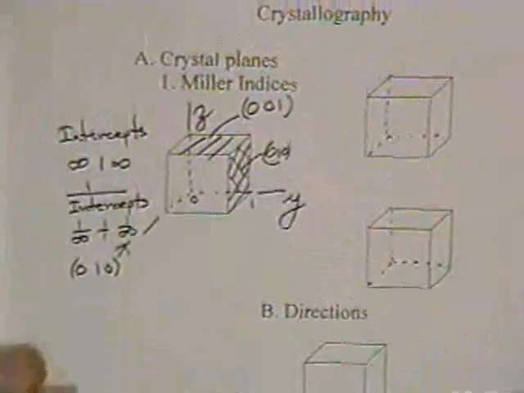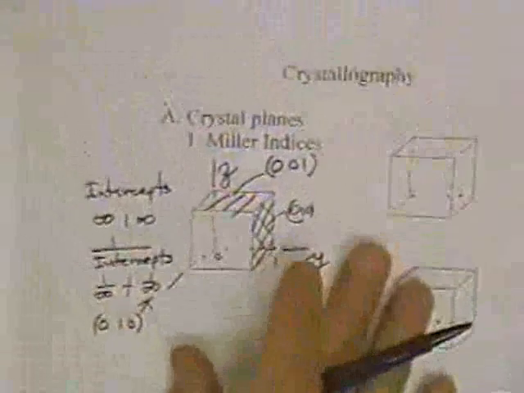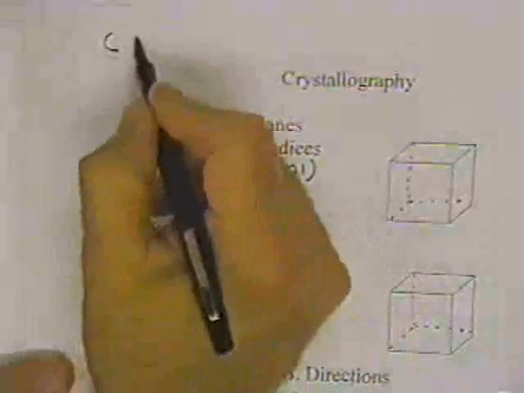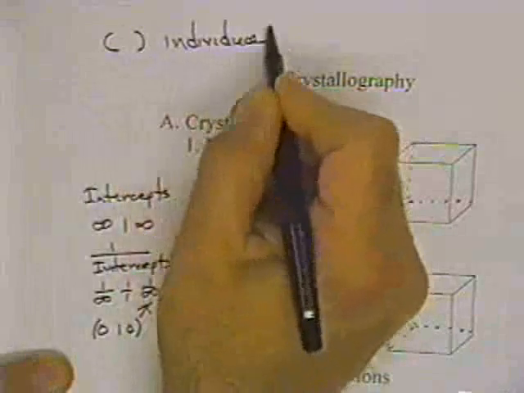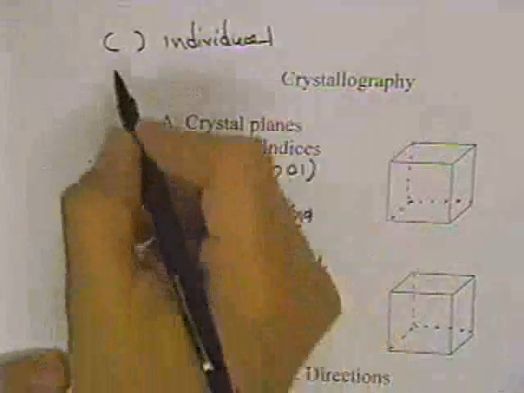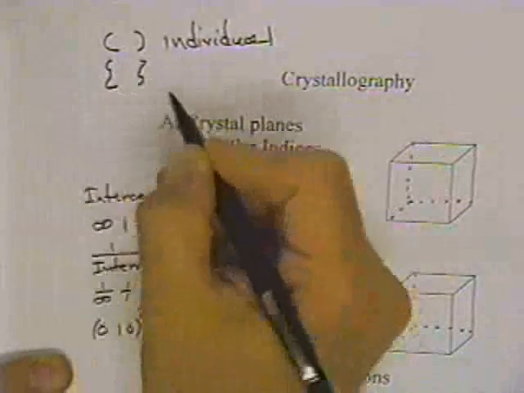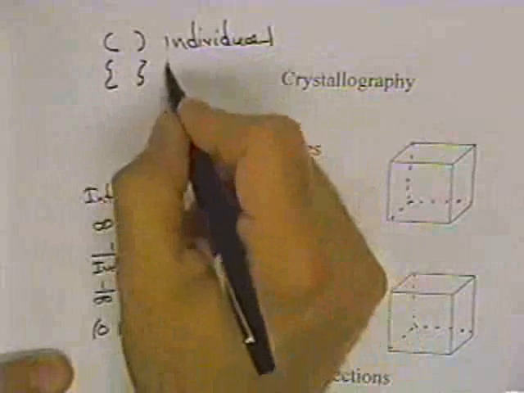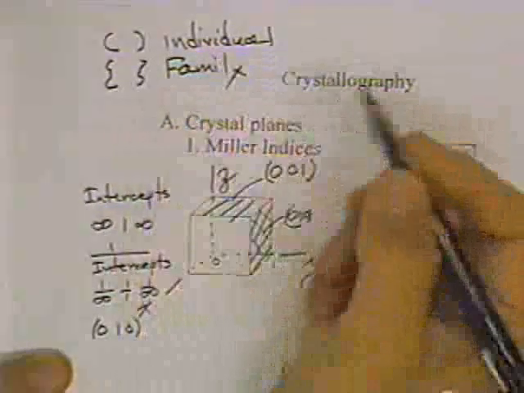Now that represents the individual plane. If you want to represent a family of planes, that's represented with these braces. So this would correspond to a family of planes.